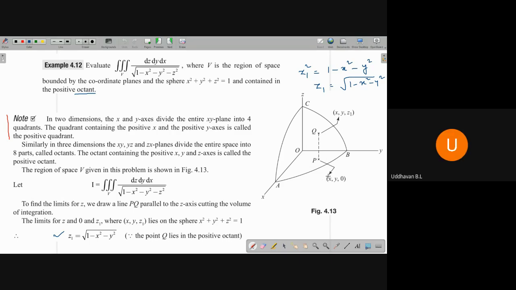Sir, for y is it root of 1 minus x square, sir? Yes, y from 0 to root of 1 minus x square. Is it correct, Uttaman? Yes, sir. What about x? 0 to 1.